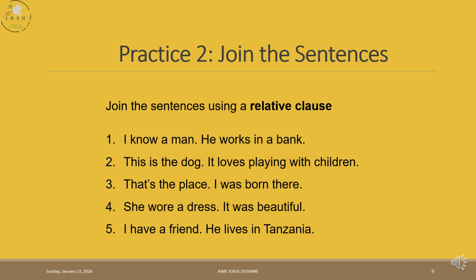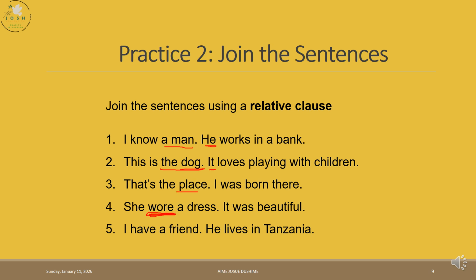Here we are having wore, which is the past of wear, to put on clothes. Then we say she wore. The first one, we have here a man in the first sentence, and again in the second we say he. This is the dog, then in the second we have it, the same subject.